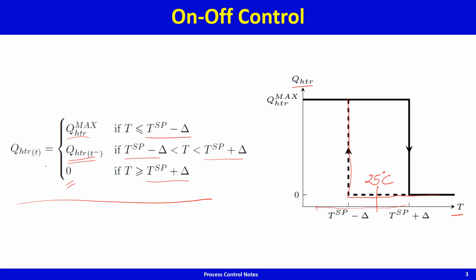QHTR at time t is the same as QHTR at time just before t. So the heater state does not change. If it is on, it remains on. If it is off, it remains off. So this is a very simple on-off control law.